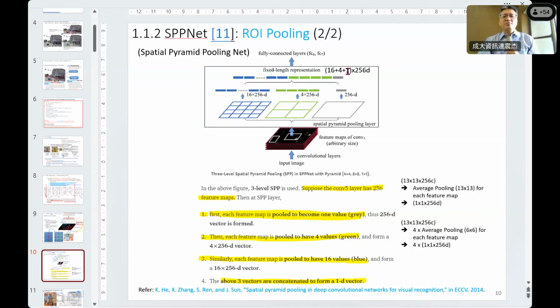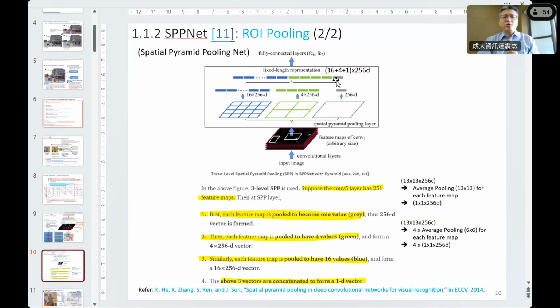21 dimension times 256 feature map. So the total dimension is 21 times 256. So no matter what kind of bounding box you input here, each bounding box's feature will become 21 times 256.